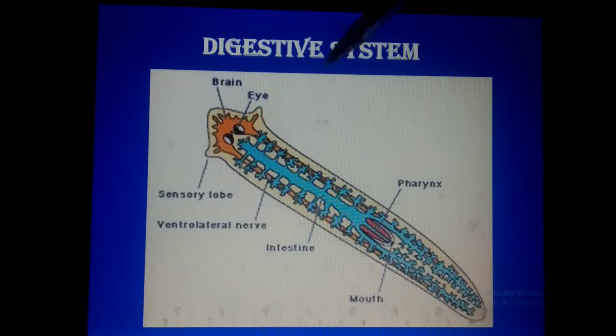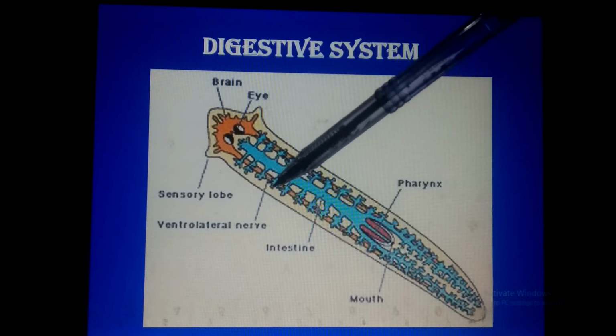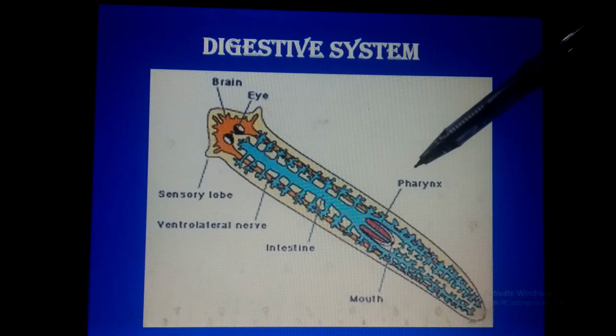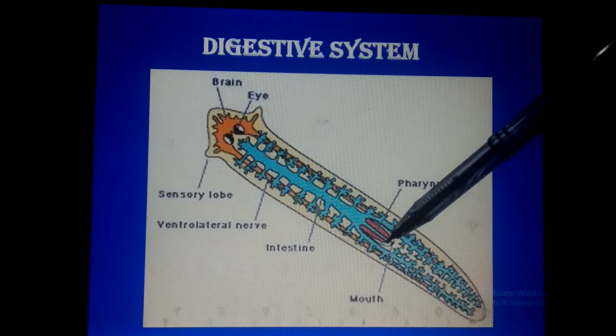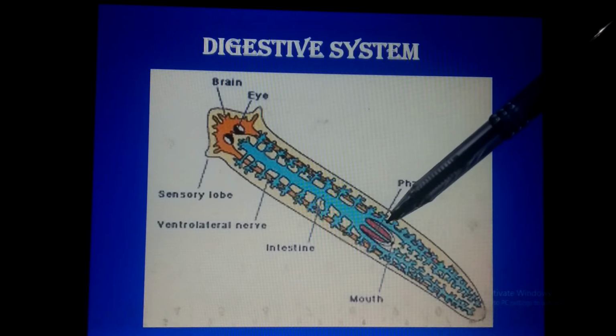you can see here the eye spots, as I have discussed, and the brain, not a true brain, this is the sensory lobe. You can see here the intestinal portion and the pharynx and the mouth, just one opening, the mouth, there is no anus.